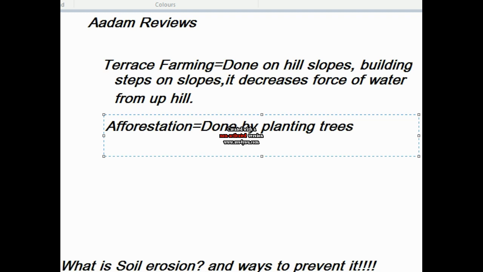Trees give support to the soil, so planting more trees helps the soil by giving it support.